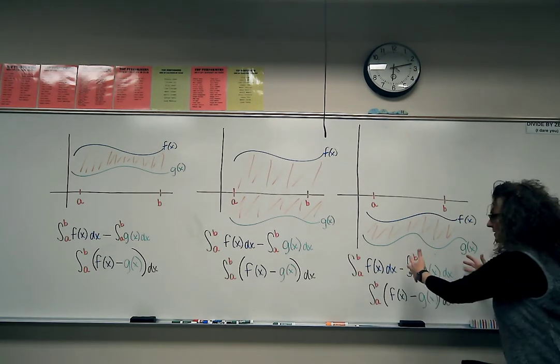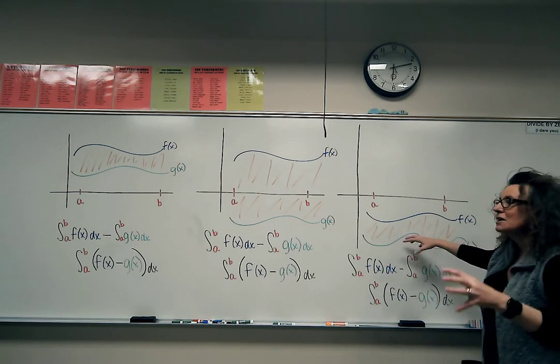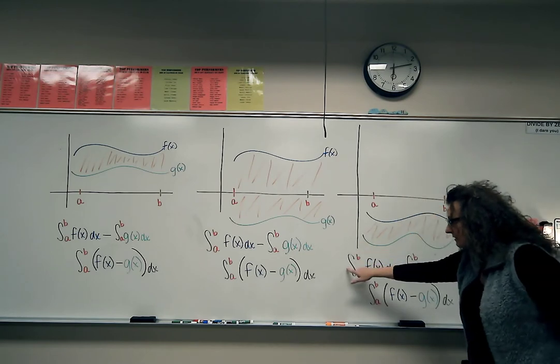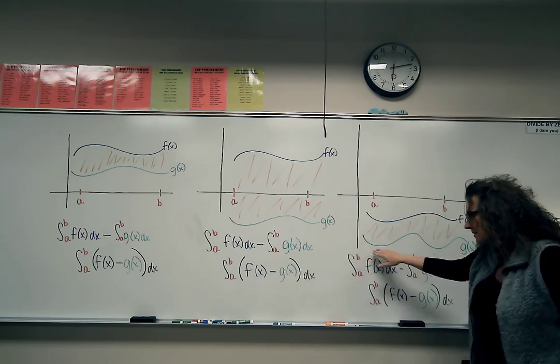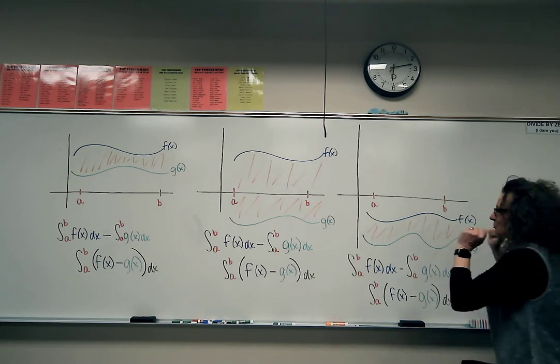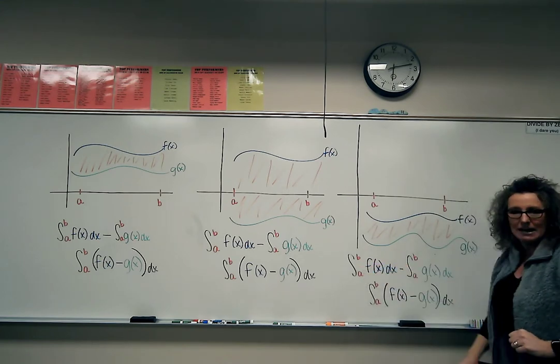combine it with this positive answer, and what it's doing is it's actually taking a positive area between G and the x-axis, and it's subtracting all of this. Hang on. It's subtracting all of this because that turned out to be negative.